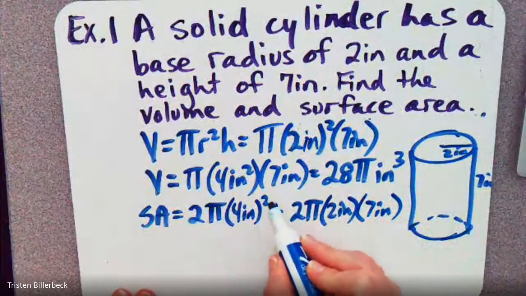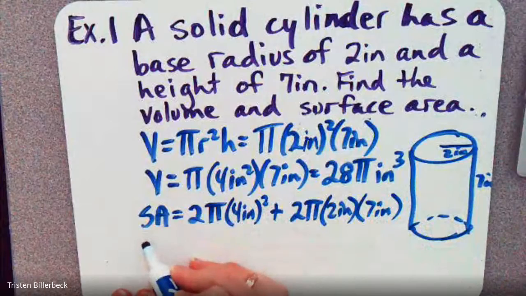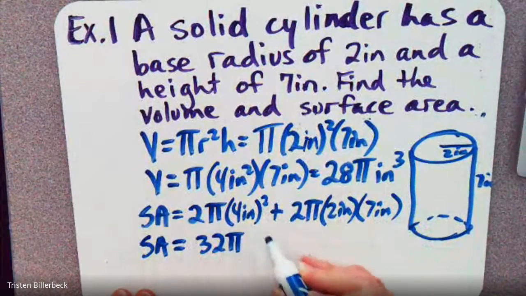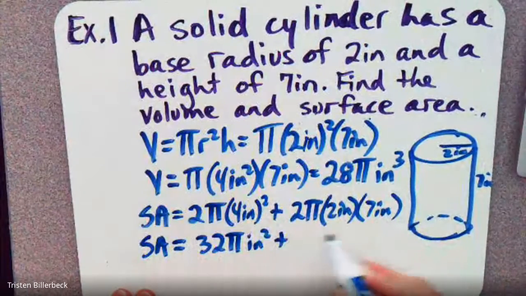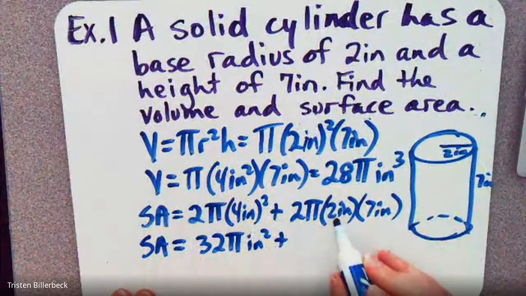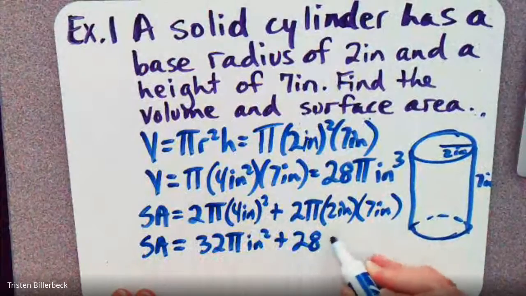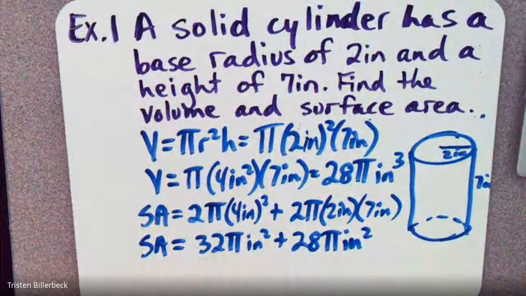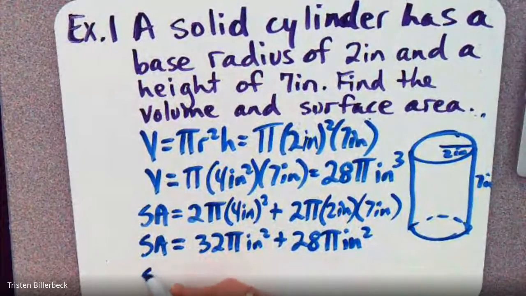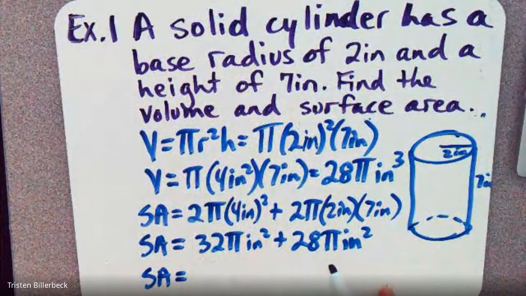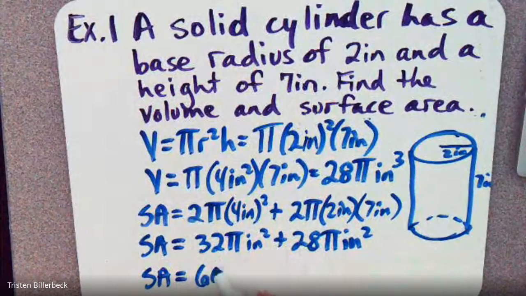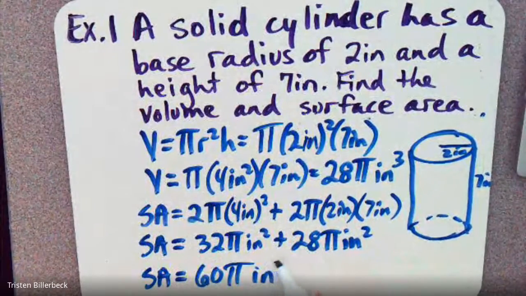So 4 squared, 16. 16 times 2 is 32 pi inches squared, plus 2 times 2 is 4, and 4 times 7 is 28 pi inches squared. Adding this together, 32 plus 28, gives me 60 pi inches squared.